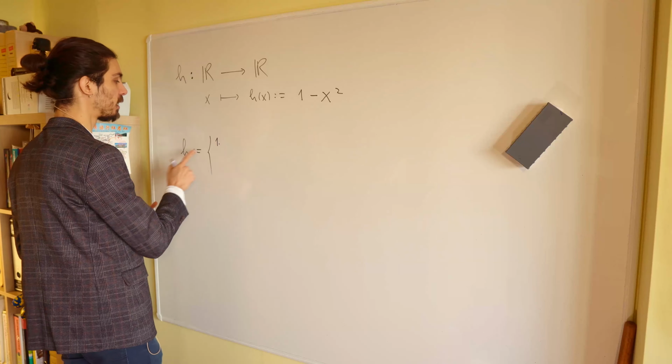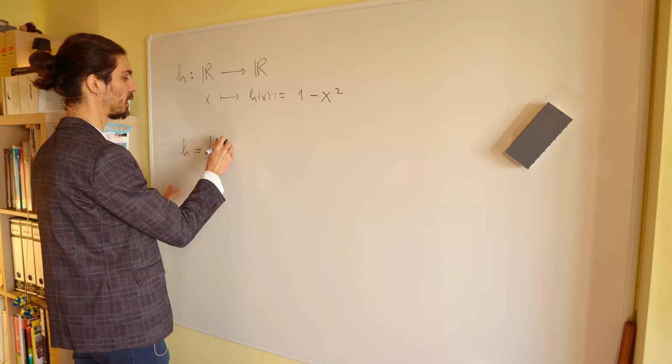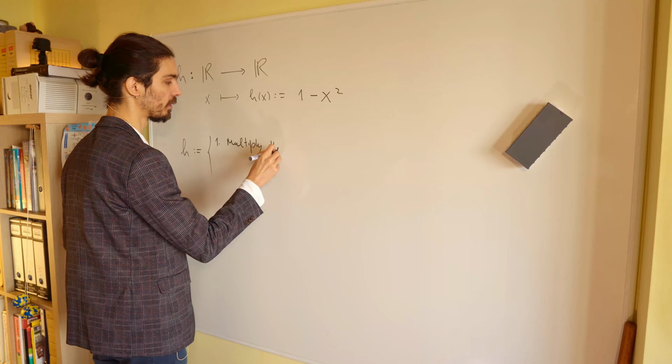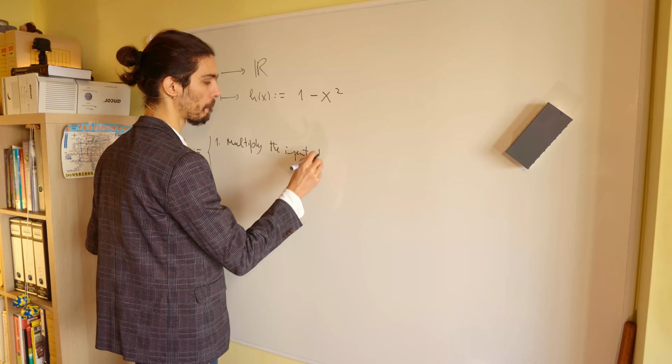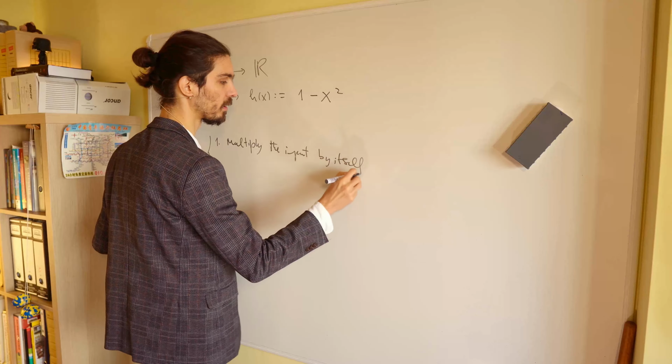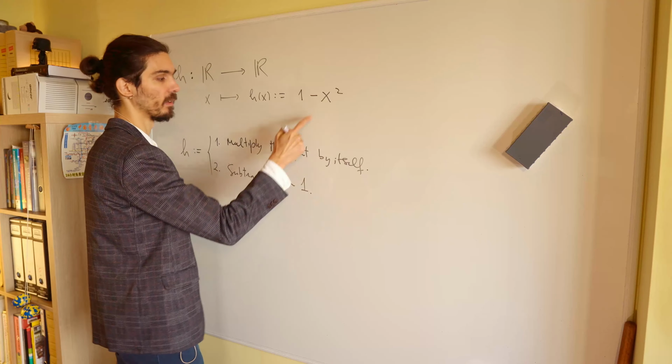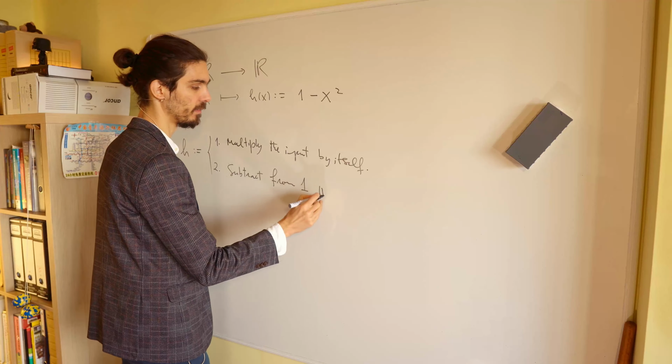So h is a two-step recipe, which is: multiply the input by itself, and the second step is to subtract from 1 the result, so the result from the previous step.